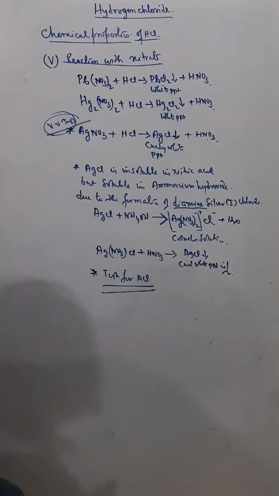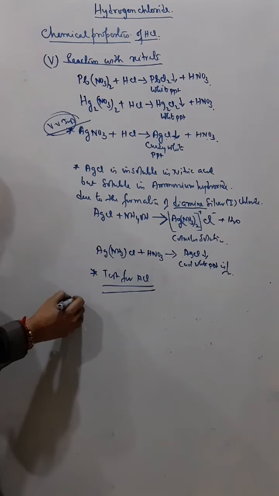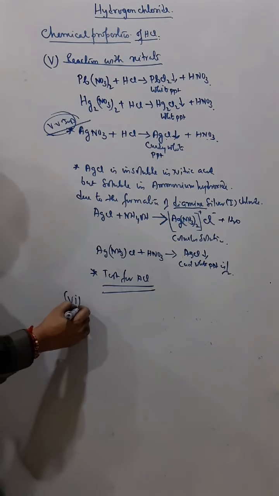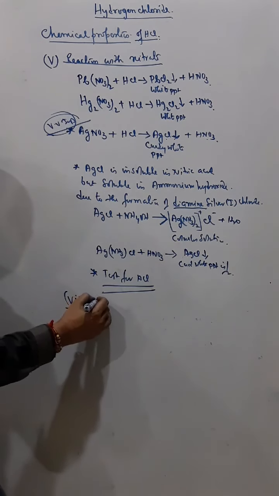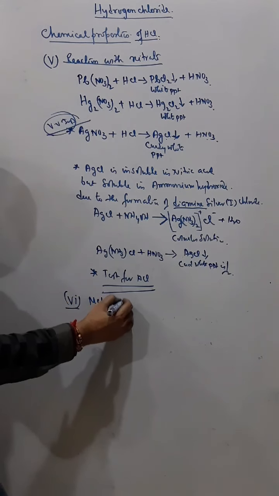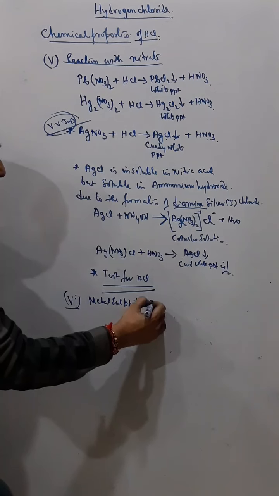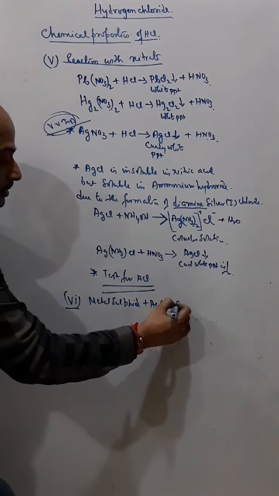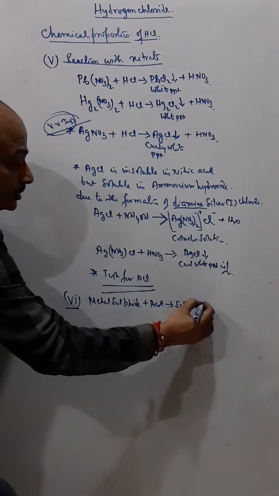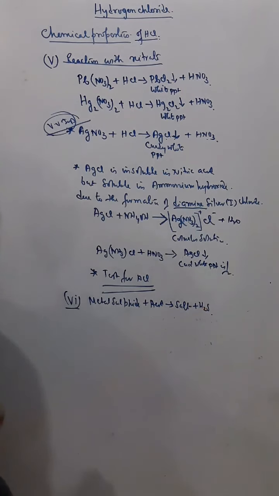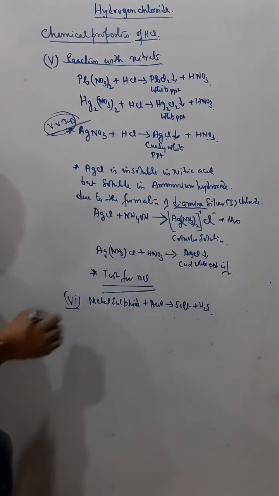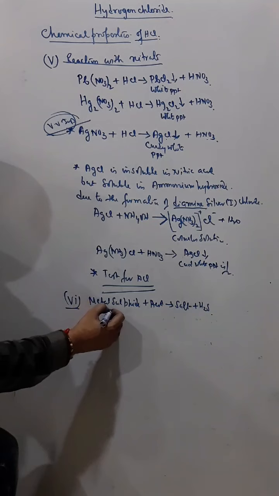So this is the reaction with nitrate, and the last chemical property is metal sulfide. This is also a general property of an acid. Metal sulfide plus acid gives salt and hydrogen sulfide.